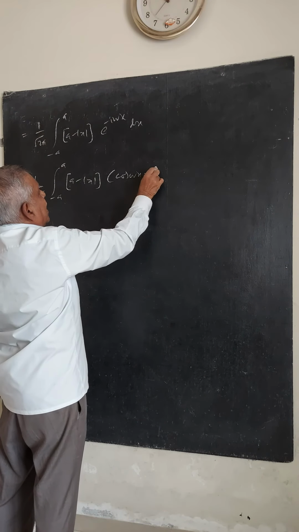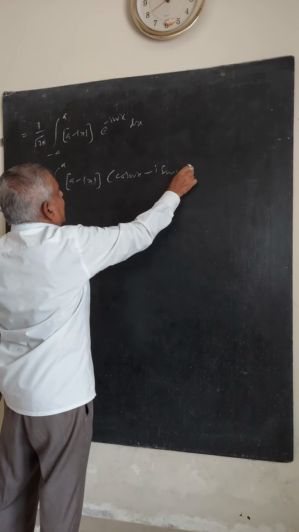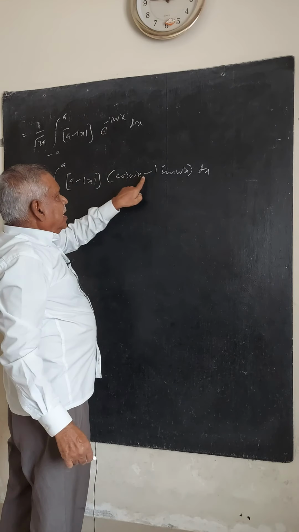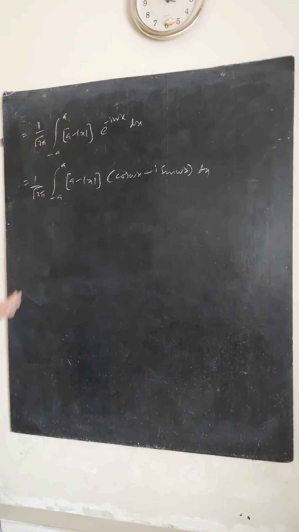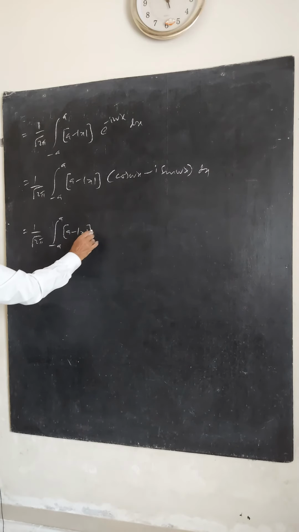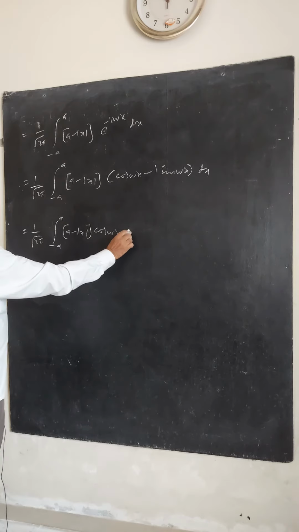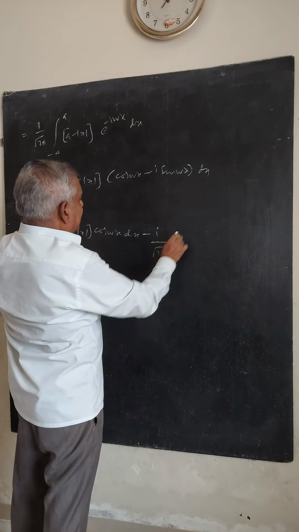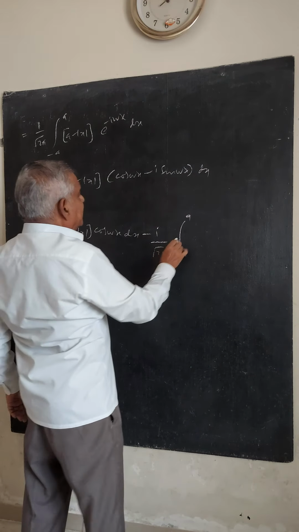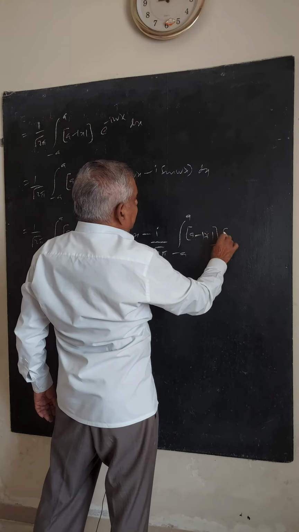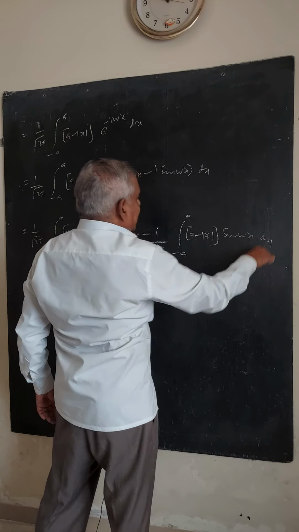Using e^(−iθ) = cos θ − i sin θ, we split the integral into 2: 1/√(2π) ∫ from −a to a of (a − |x|) cos ωx dx − i/√(2π) ∫ from −a to a of (a − |x|) sin ωx dx.